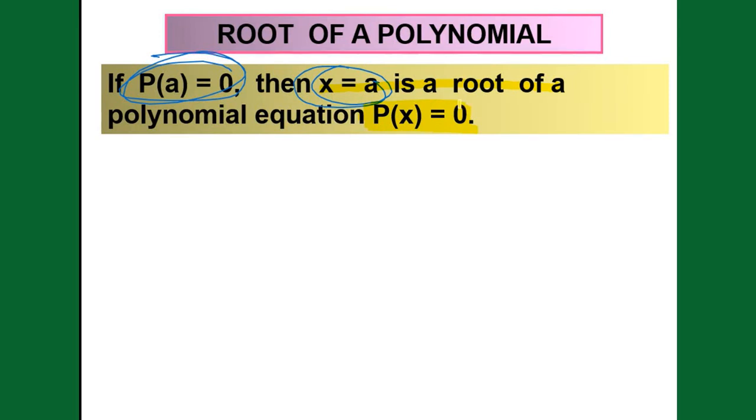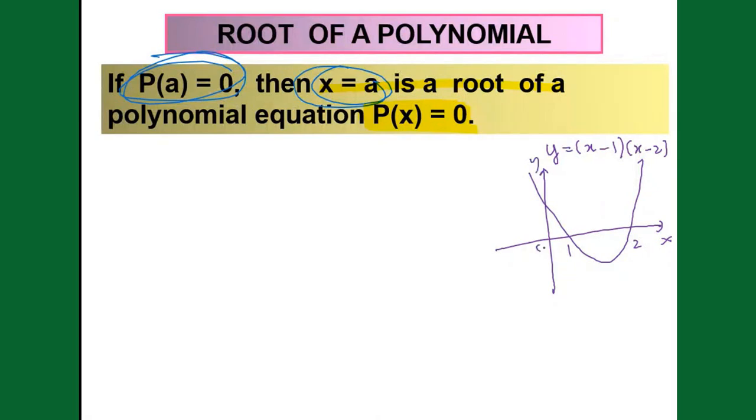Okay, ini kena ada. Why? Because, let's say kalau you sketch graph, katakan graph Y equals X minus 1, X minus 2, this is quadratic kan? Smiley graph. The graph kat Y axis X macam ni, 1, 2, X, Y, 0.